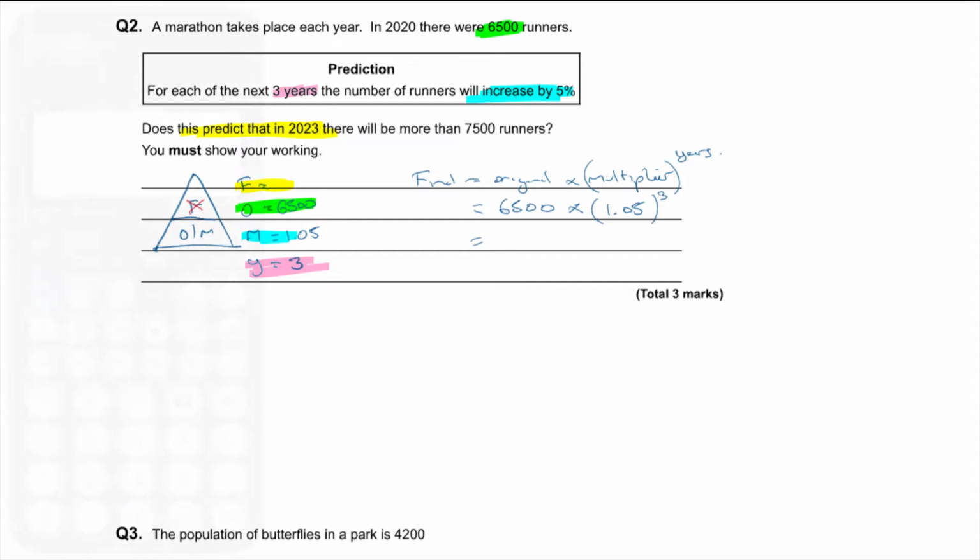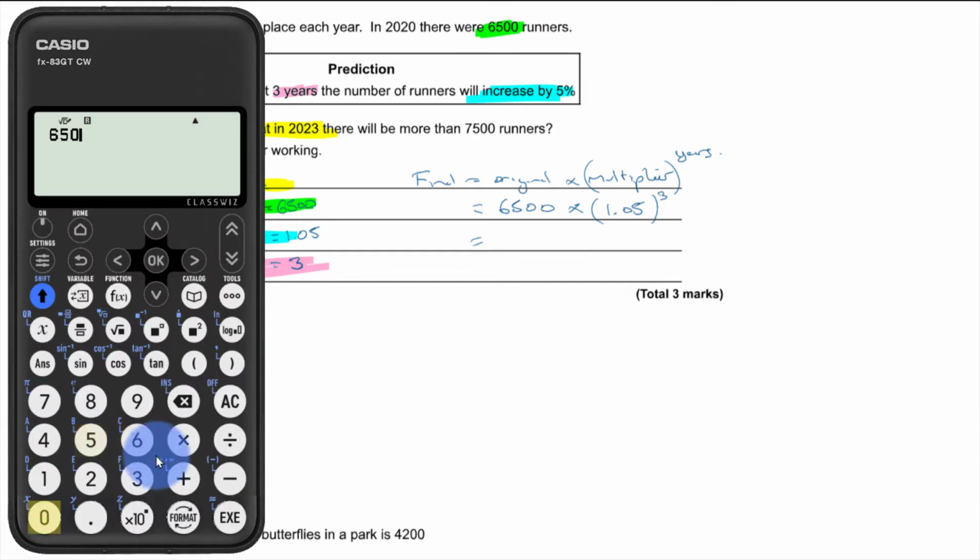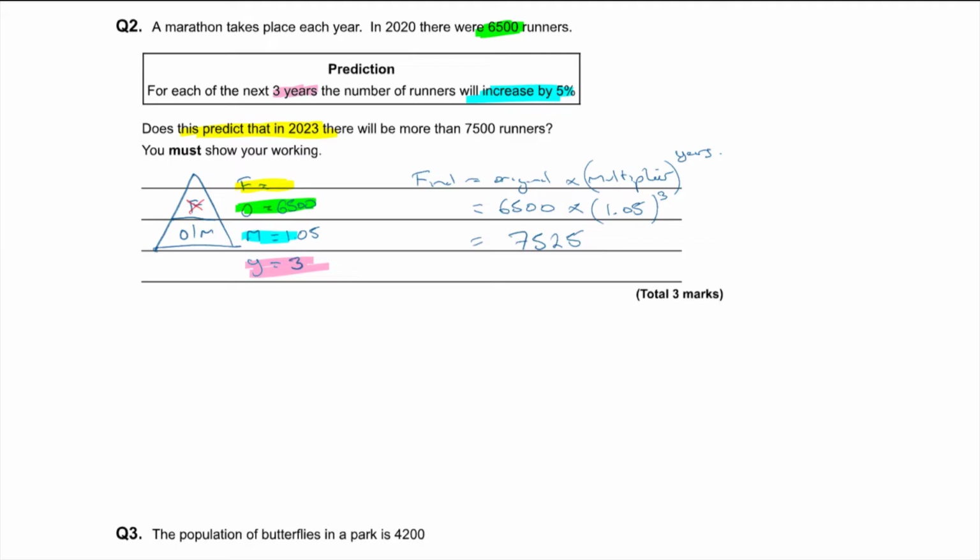So tap that into the calculator. 6,500 times 1.05 raised to the power of 3. That is giving me 7,524.5. So I'm going to round that off to 7,525 because I don't like the idea of a fractional runner. That would be quite messy.